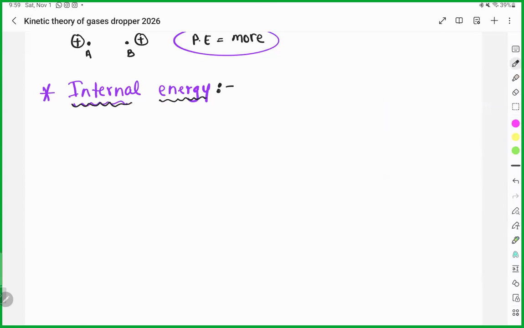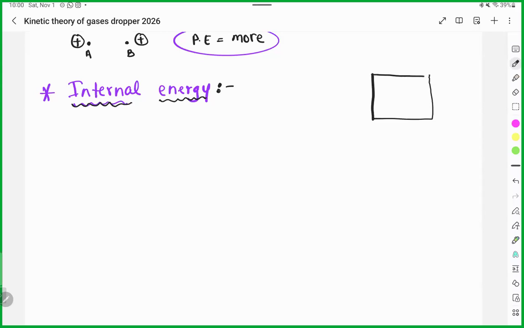If you are heating a container, you are supplying heat. What will be the impact on internal energy and work done? Because you are supplying heat, internal energy will increase. Your answer is correct.